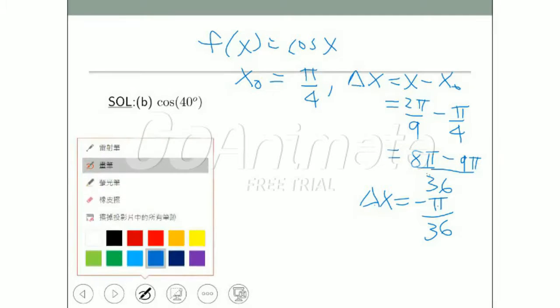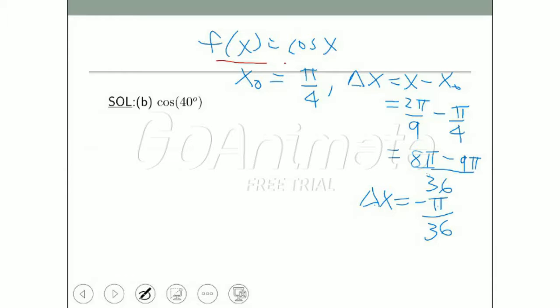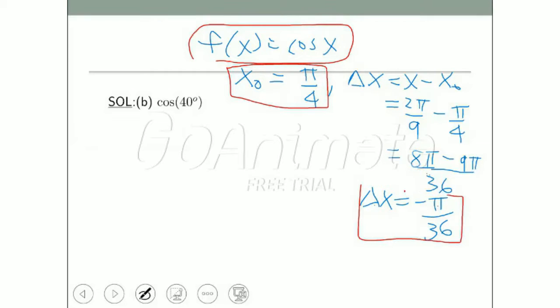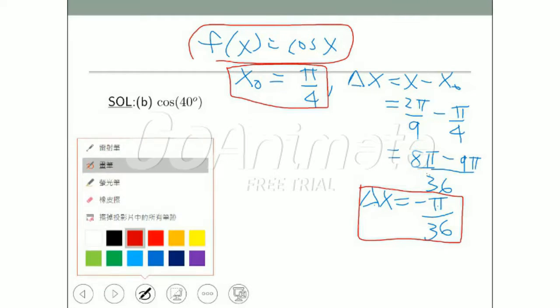Okay, so we have everything. We have our f of x, we have our x naught, and we have our change in x. Everything we need for the linear approximation.